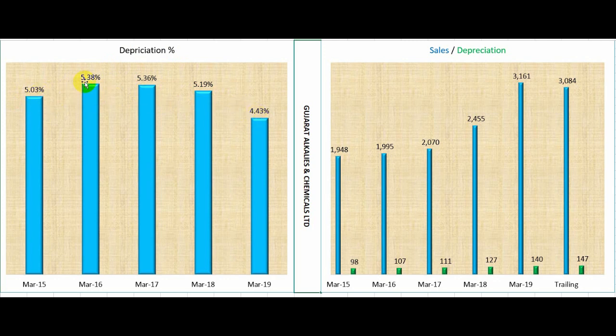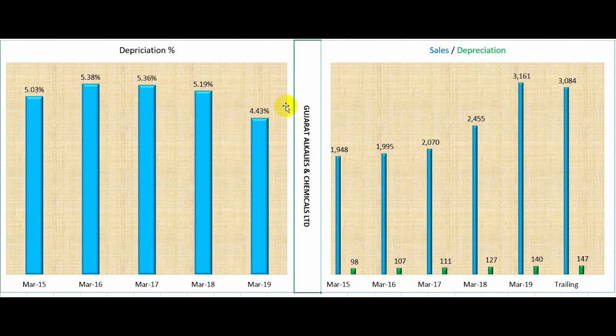When we look at the depreciation rate, we should see a stable percentage rate of the sales. That basically gives us an assurance that the company is not playing around with the depreciation numbers. As we see, from March 15 till March 19, the depreciation rate has not changed much.